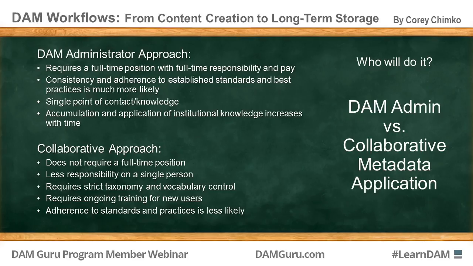And if you have this metadata application distributed, not all the people are going to know, for example, who all the faculty members are. They're not going to know them by sight. They're not going to know who the important alumni, the donors are. They're not going to know who your senior administration are necessarily.